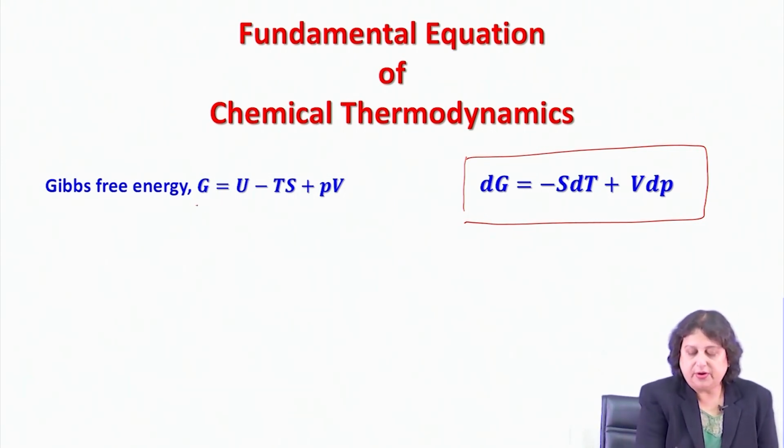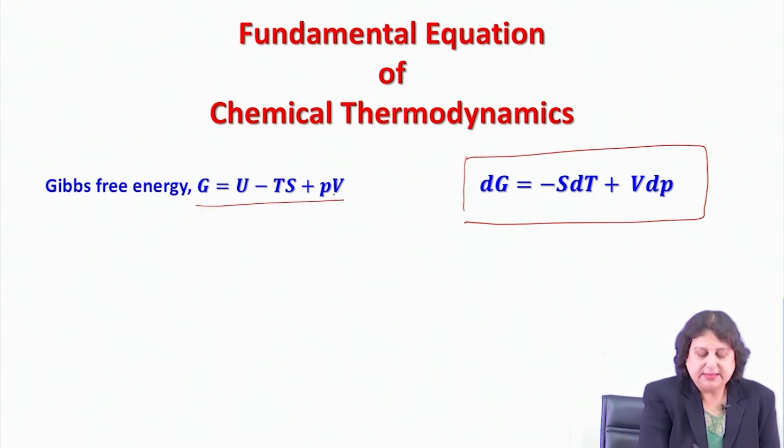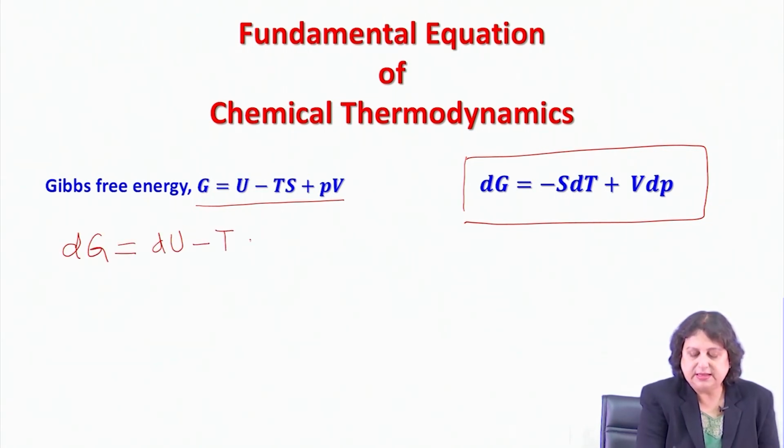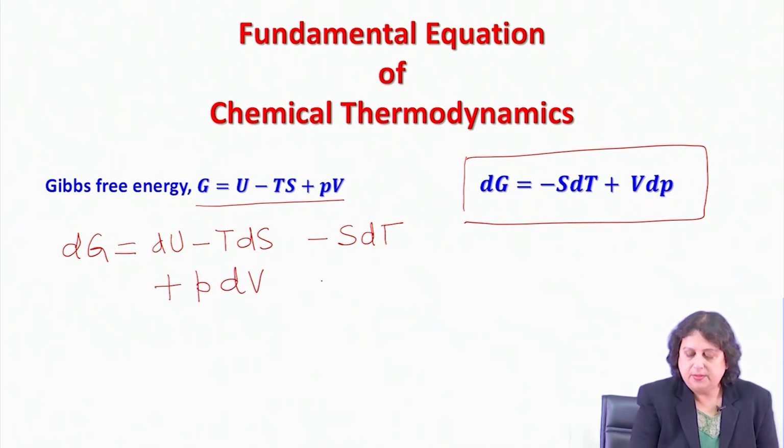I would start from this definition and say, what is dG? dG would be equal to dU minus TdS minus SdT plus PdV plus VdP.